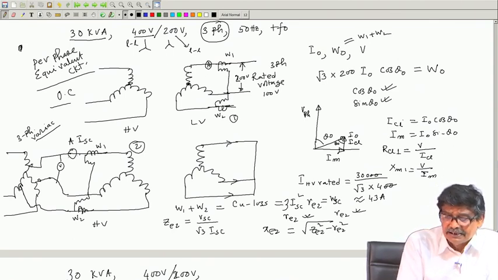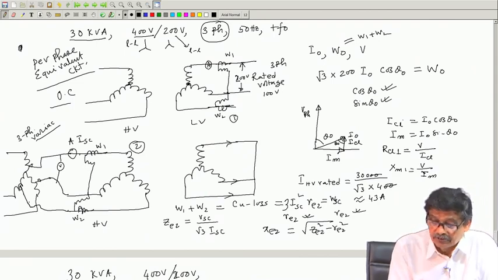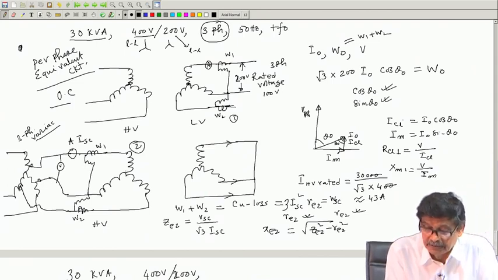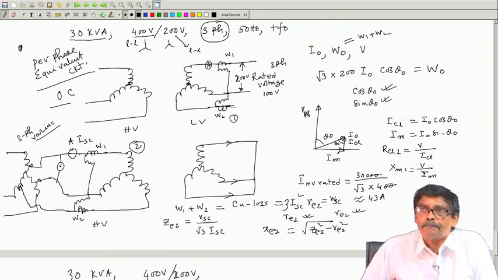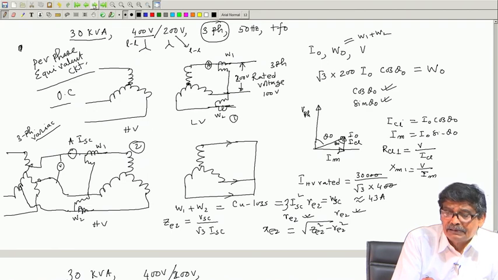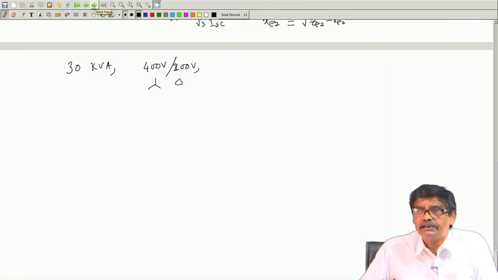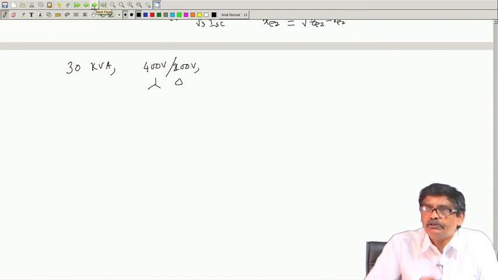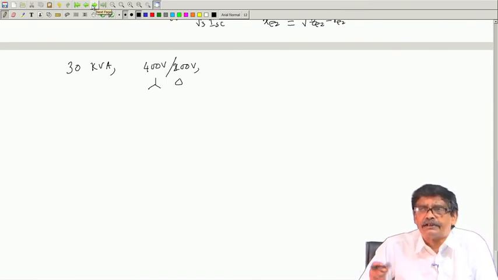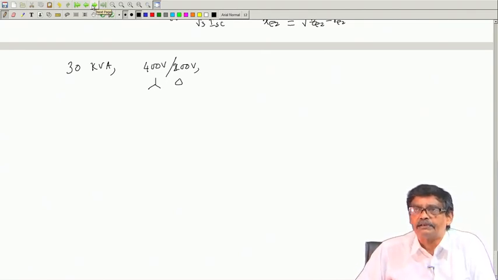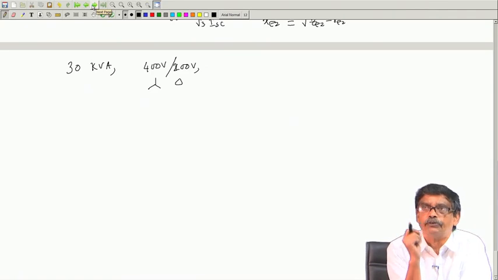We have connected everything in line, ammeter, line to line voltage I measured. I never asked where the neutral is. Got the point? So, one way of looking at the thing is to carry out the test in the same way as you have done and imagine as if it is star connected, and then tell the per phase equivalent circuit. Listen to me carefully what I am telling.